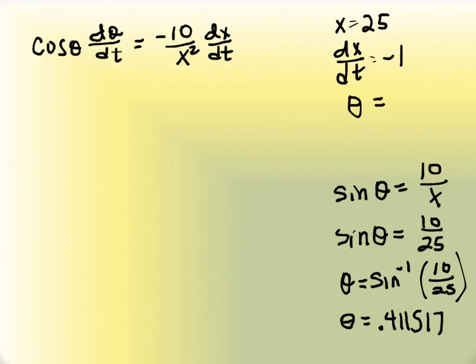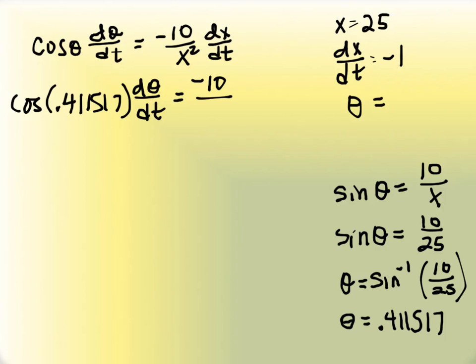Alrighty, so we actually can use that information up in our formula now. So we've got the cosine of 0.411517 d theta dt equals negative 10 over 25 squared times negative 1.